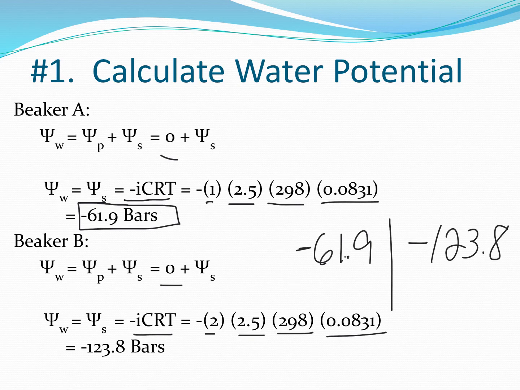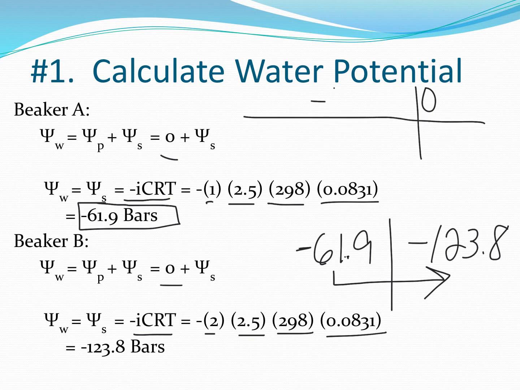Negative 61.9 is a greater water potential, less negative, so water will move from A to B. And again, if that doesn't totally click with you, think of it as a number line. Here's 0, here's negative 61.9, here's negative 123.8. So negative 61.9 is greater water potential.